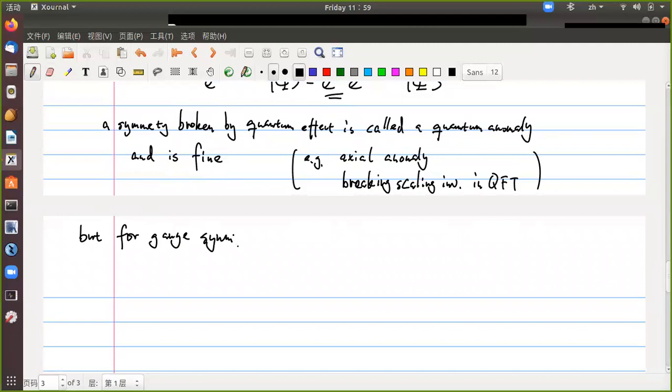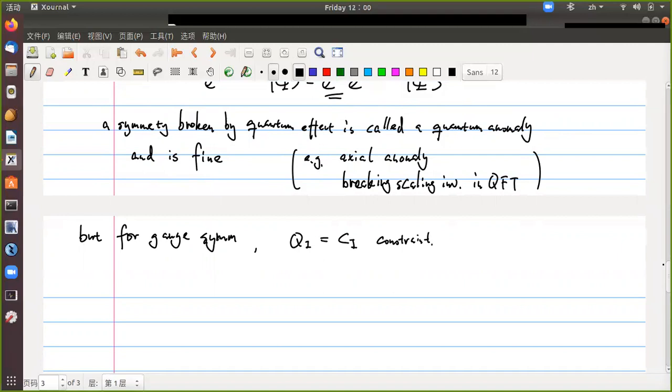Okay, for gauge symmetry, our previous symmetry charge Qi is now actually our constraint, right? The symmetry charge for global symmetry, what we call Q, is now for gauge symmetry constrained.